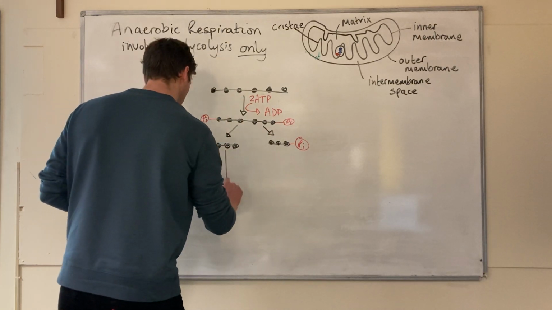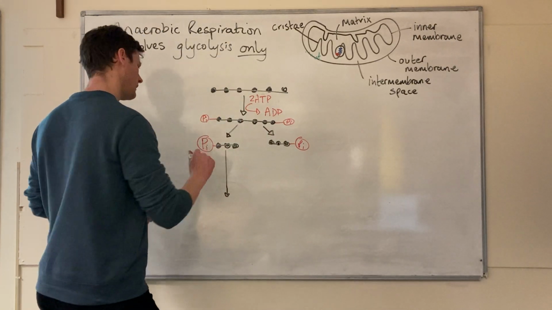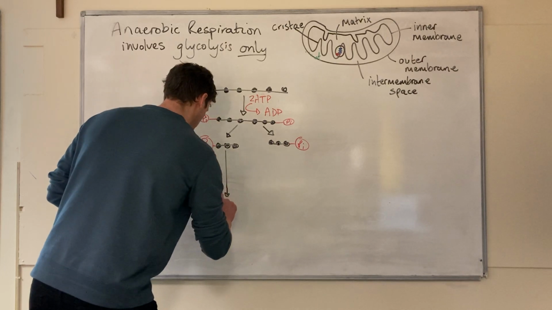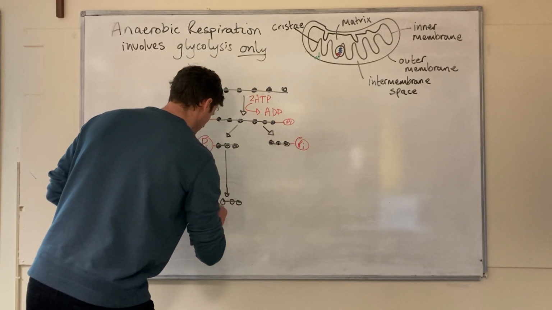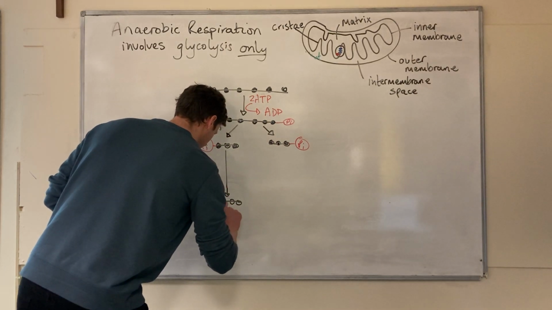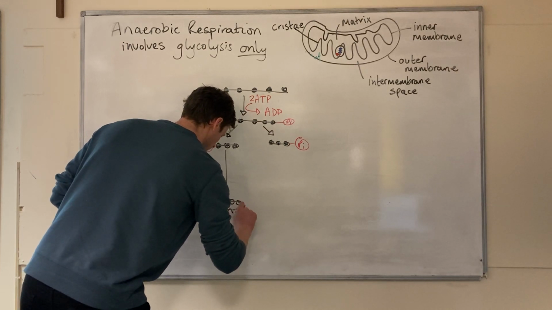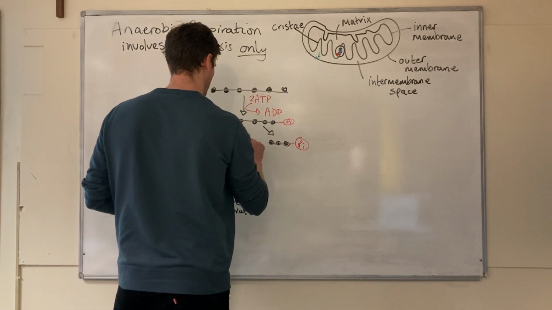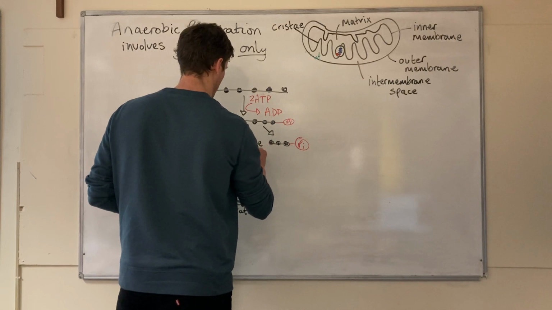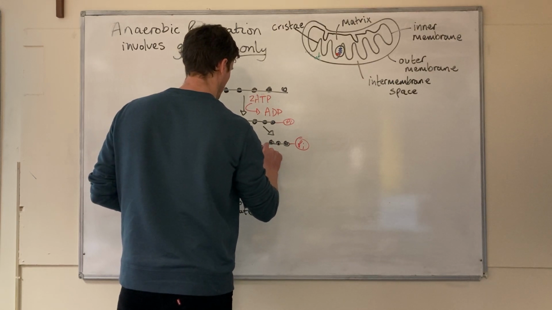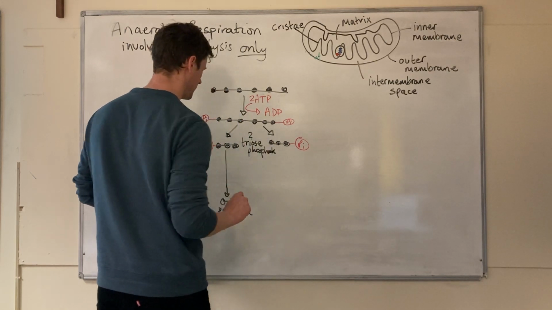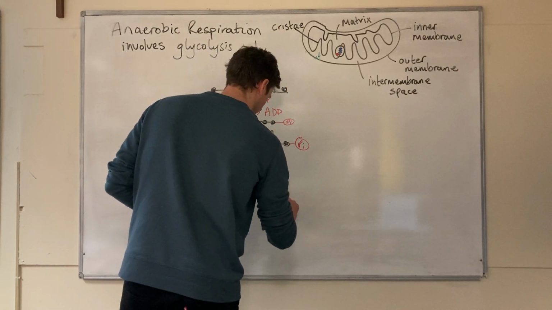They are then oxidised to pyruvate, another 3-carbon molecule. Remember, these are two triose phosphate, and then we'll have 2 pyruvate.